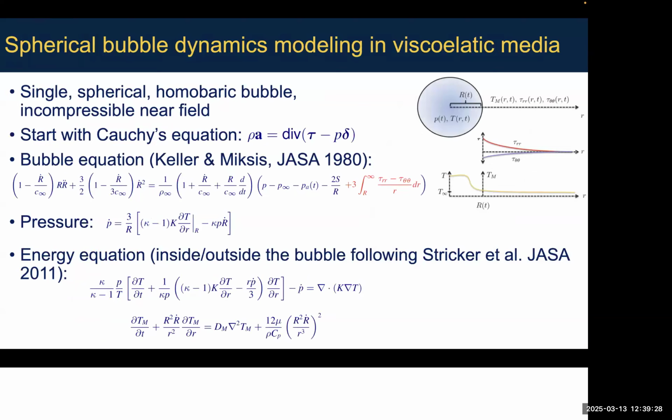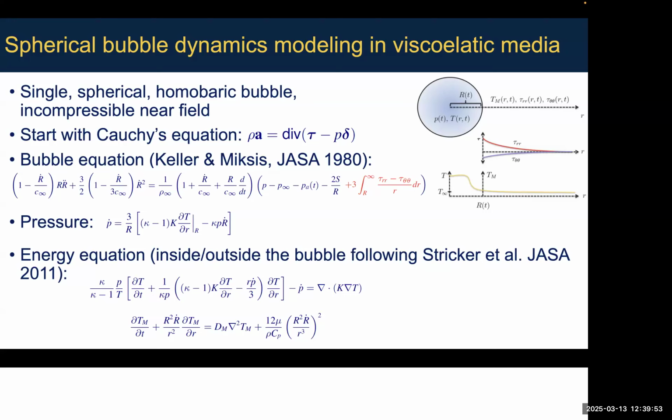Here we're going to depart from the direct simulations of the full equations of motion type approaches that I showed you before and focus on much simpler models, Rayleigh-Plesset type models. I suspect that many of you have encountered that kind of model. Imagine you have a single spherical bubble in an infinite sea of liquid, or perhaps even a solid.